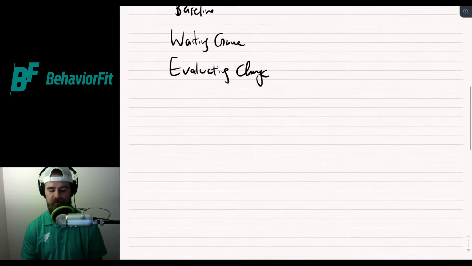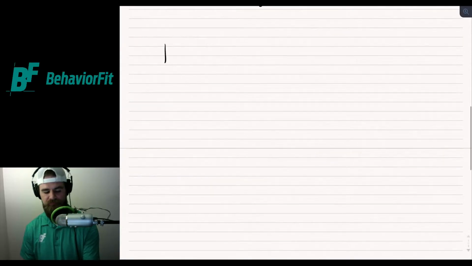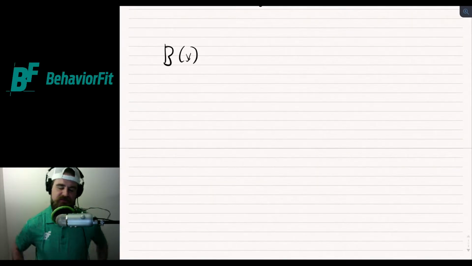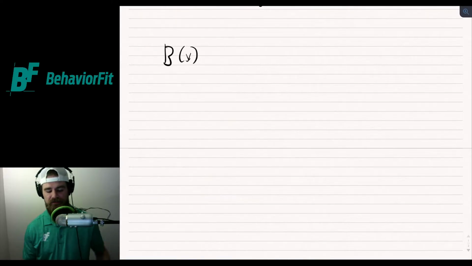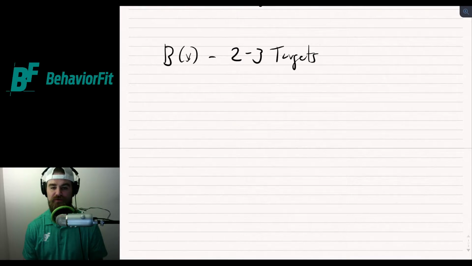So now, when it comes to behavior, what I found is that, first of all, there's many things we can be measuring, right? We need something that's observable, measurable, repeatable. Really, when it comes down to it, I found that there's really only 2 to 3 things that we can target at any given time. So I think focusing on 2 to 3 targets is the way to go, because once you get into more targets, it's really hard to keep up with that, right?